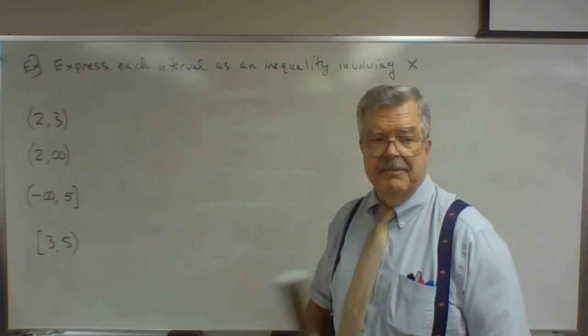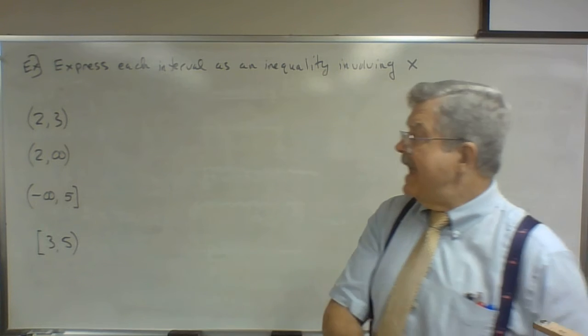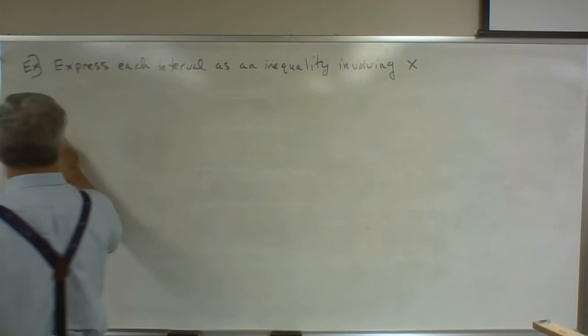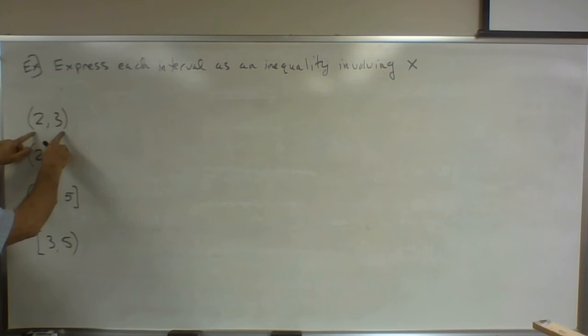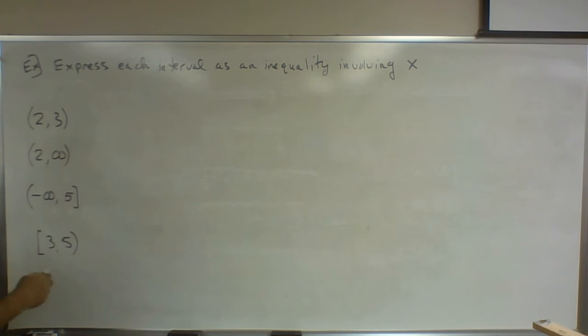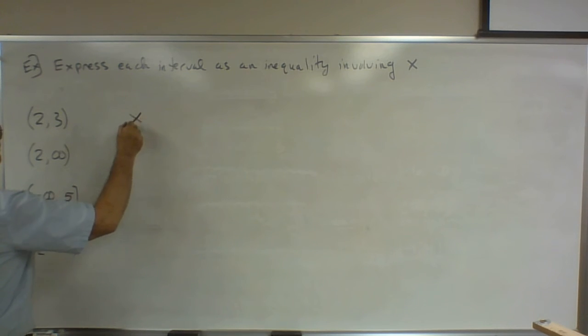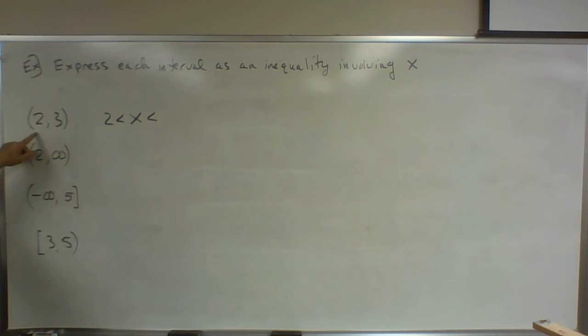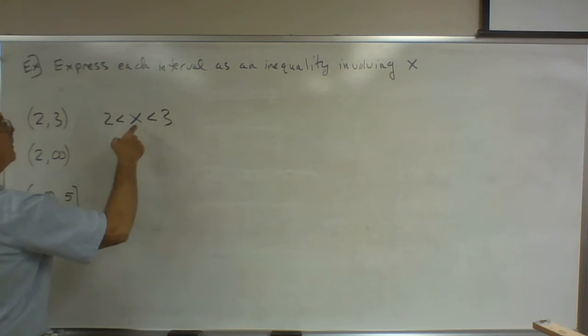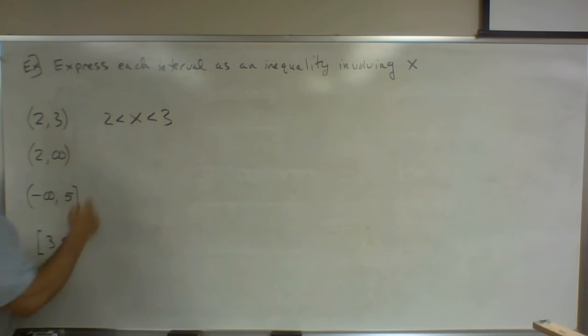Write the inequality. So x can be anywhere in this interval, but it can't be 2 and it can't be 3. Remember, round parentheses. So x can be any real number between 2 and 3. Round brace or round parenthesis means x can't be 2. Round parenthesis means x can't be 3. This is the inequality.